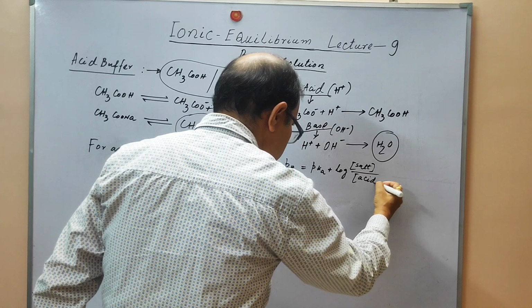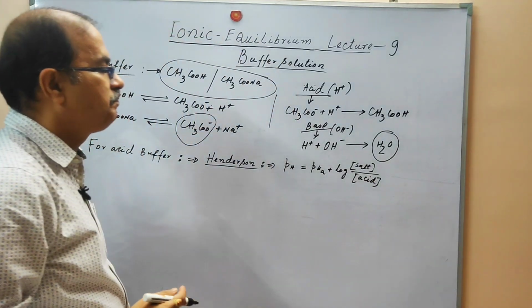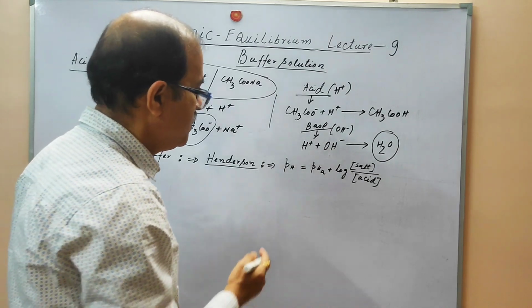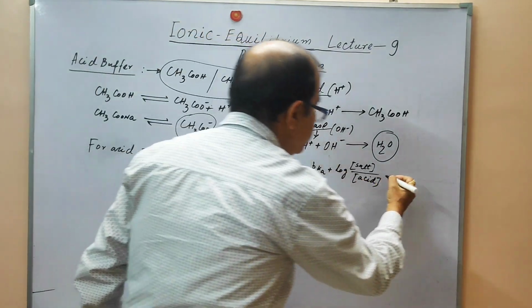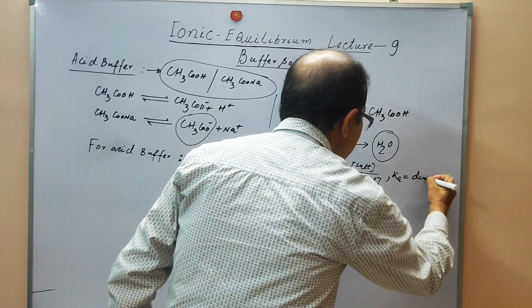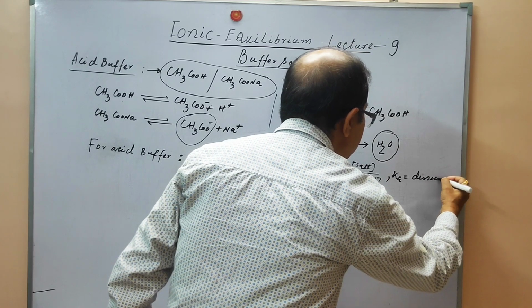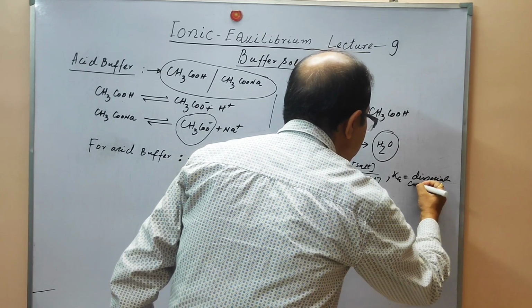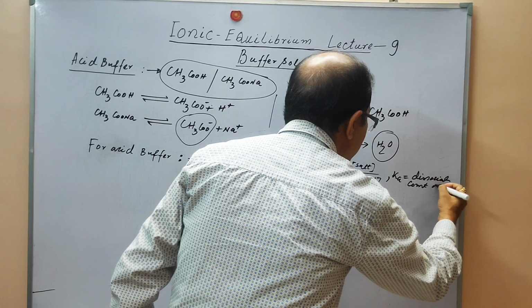The concentration we are talking about is the molar concentration, and Ka is the dissociation constant of the weak acid.